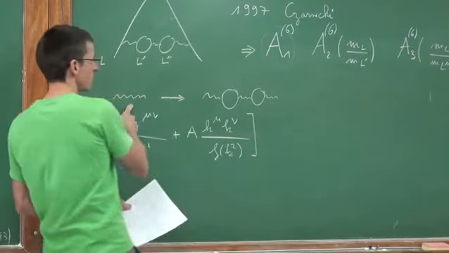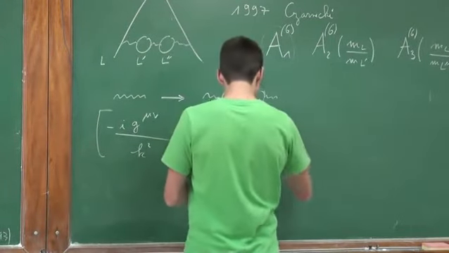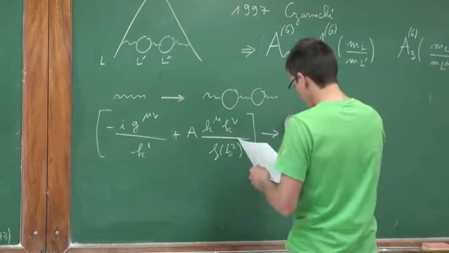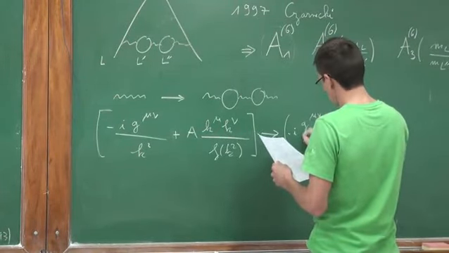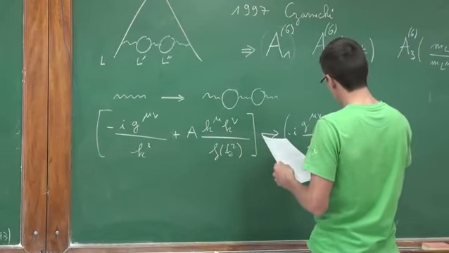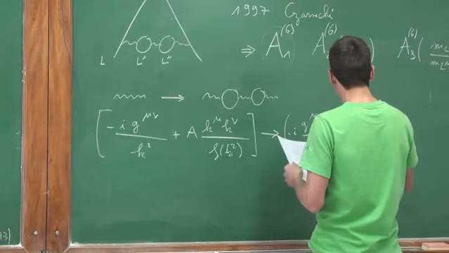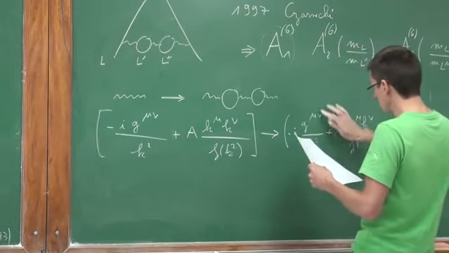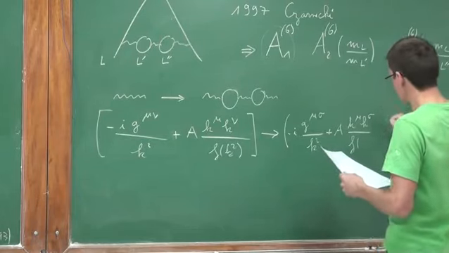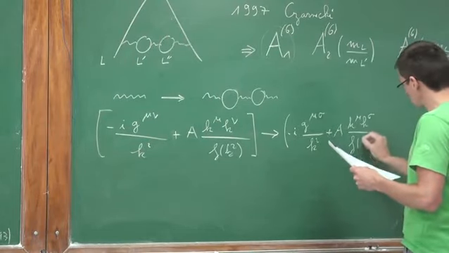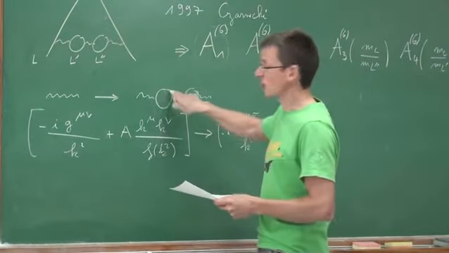So this is the free propagator here. It will be replaced by minus i g mu sigma divided by k squared plus a k mu k sigma over k to the fourth, times the polarization.